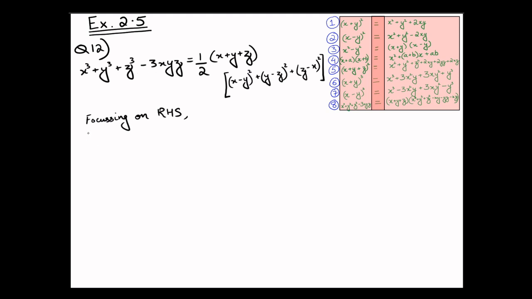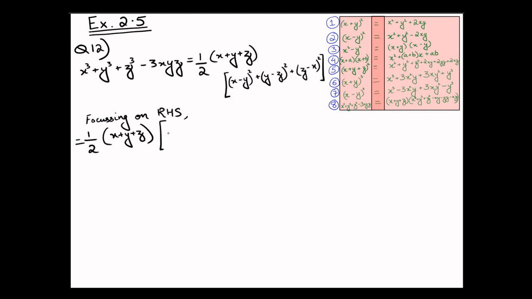So here, let's start with rewriting this as 1 by 2 into x plus y plus z, and out here I'm going to open these brackets by using identity number 2 three times, one for each of the terms here. So pay attention and you're going to see how this expands.